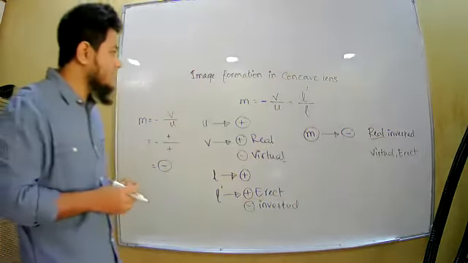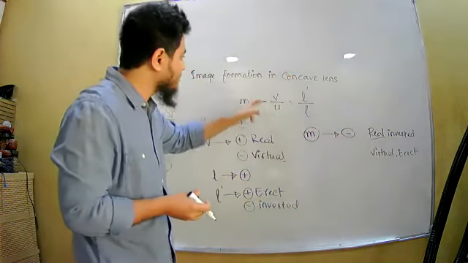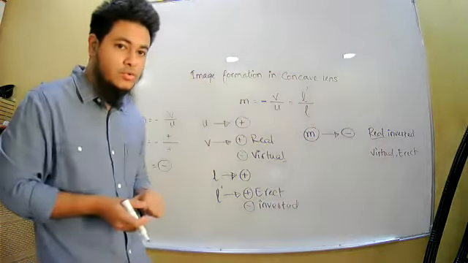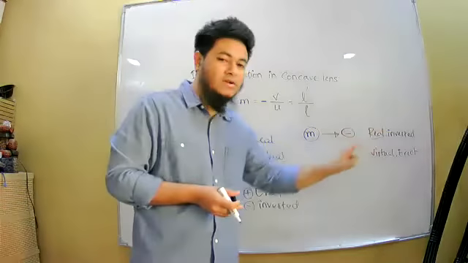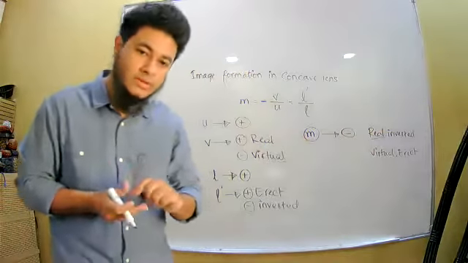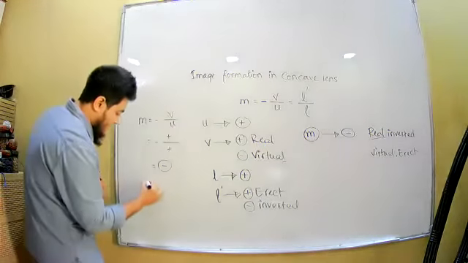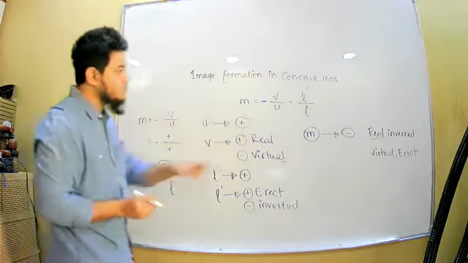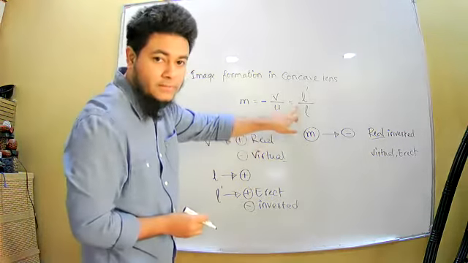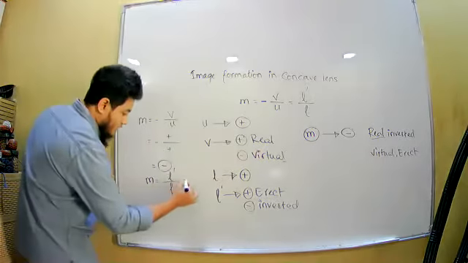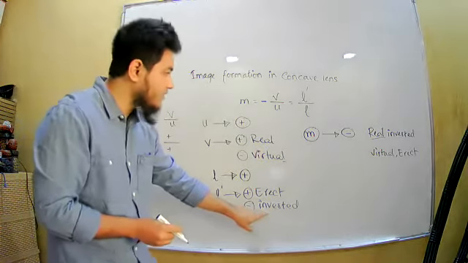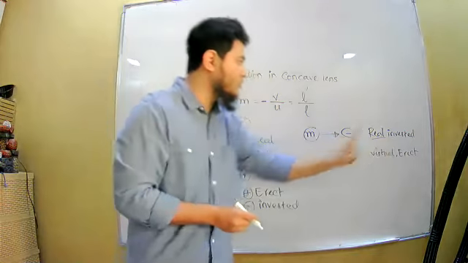You might be asking, sir, why did you use this part? Why didn't you take the other part? Using the other part also, I can show you that when it is real and inverted, magnification will be negative. Let me show you. M is equal to, we know, L prime by L, and there is no negative sign in front of that, right? We know that L prime will be negative when it is inverted, which is our case. We are talking about real and inverted.